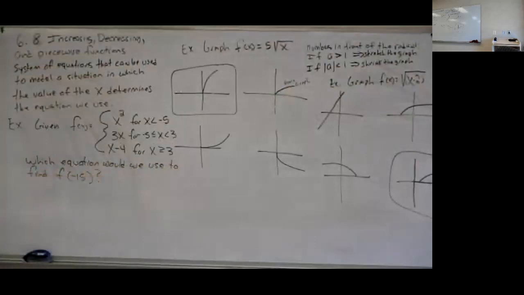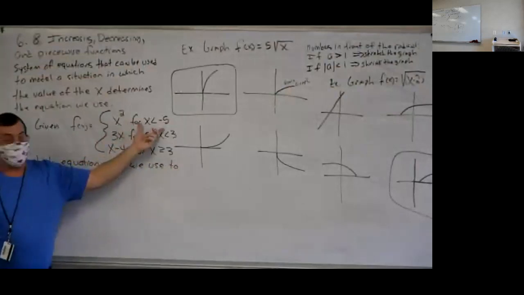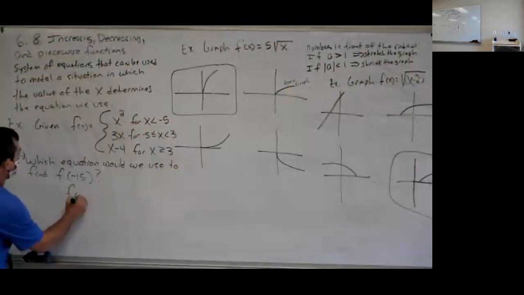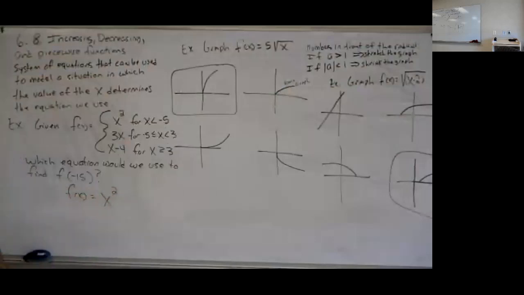The top one, because -15 is definitely less than -5, right? So we would use the equation that says f of x equals x squared. Okay, so first few just doing this. At the very end, they'll actually have us evaluate these.